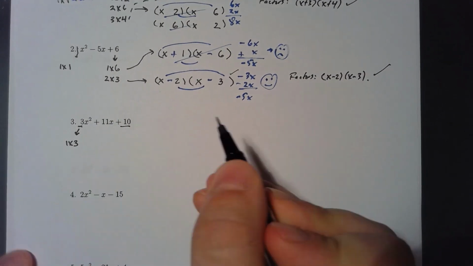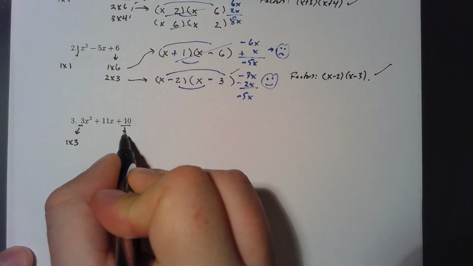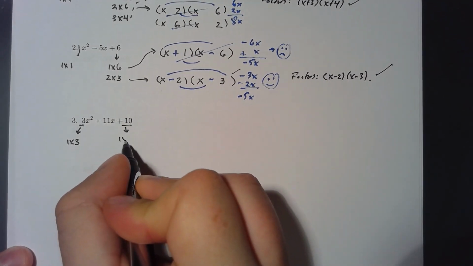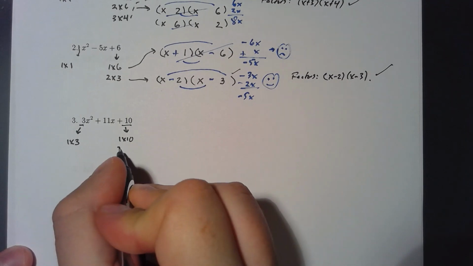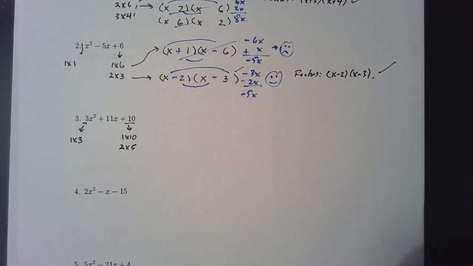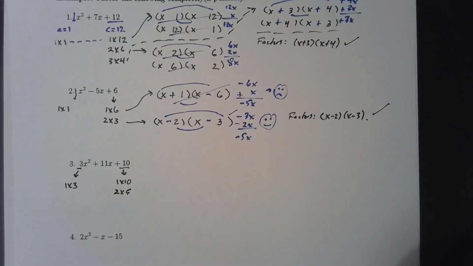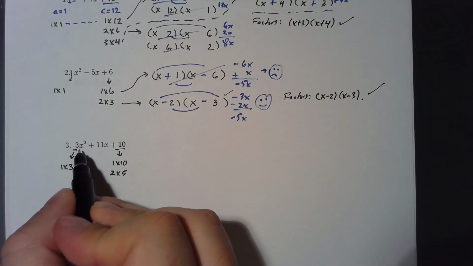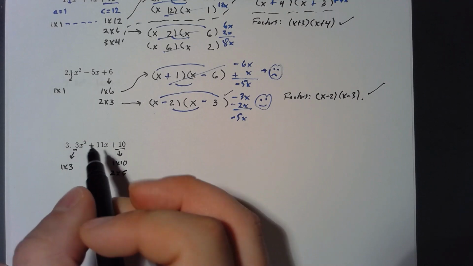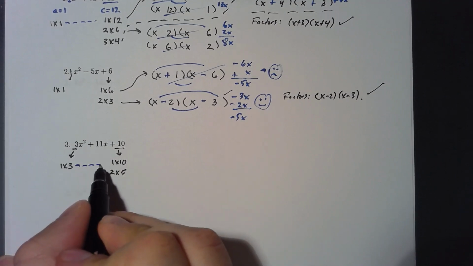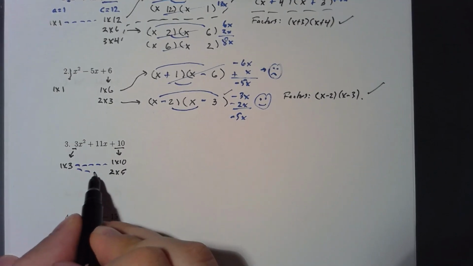Now, what are the factors of 10? 1 times 10 and 2 times 5. So now, since my leading coefficient isn't 1, it's 3, I have to write 2 cases for each pair.